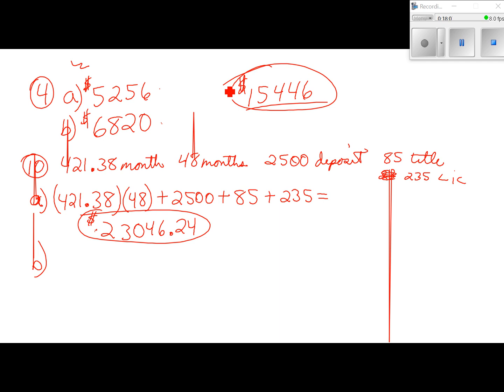So we take the $23,046.24 plus 15,446, and we end up with $38,492.24. So that's how much total the car would cost her if she bought it at the end of the lease.